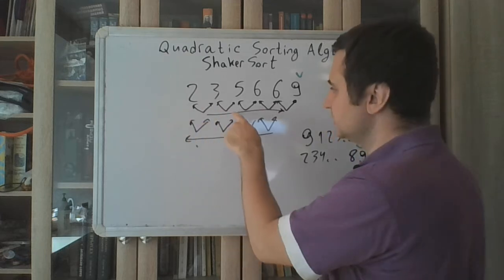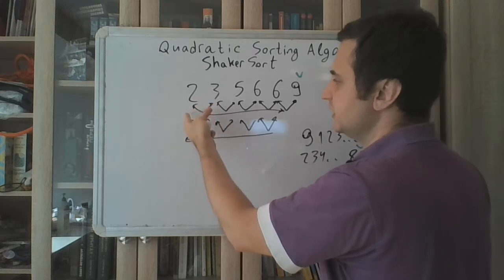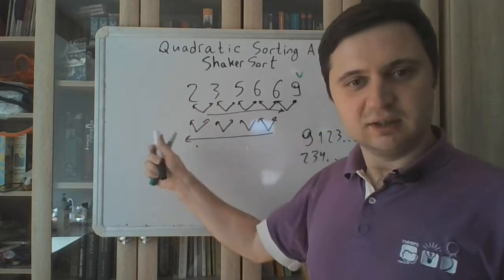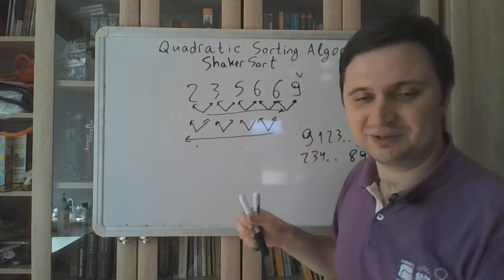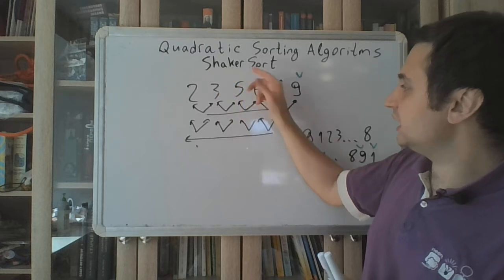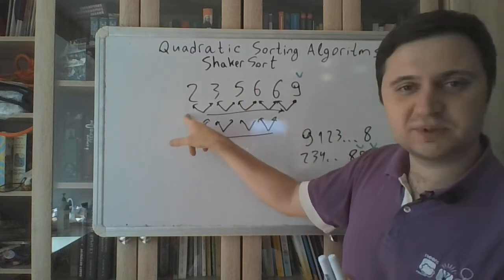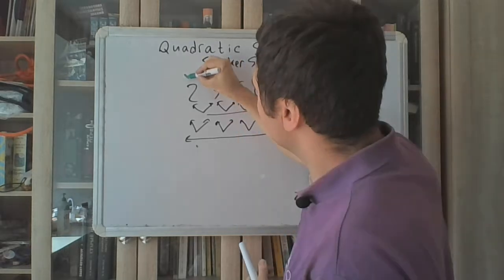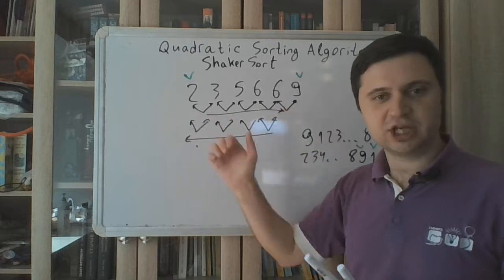The minimum element will be swapped with this element, it will be here, it will be swapped with this element, and so on. If you don't believe me, you can write down some examples and make sure that the smallest element will definitely be dragged, it's a good verb, dragged to this position. So we will have the minimum over here, and it's now time to go left to right in our shaking.